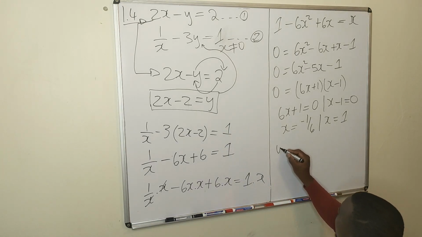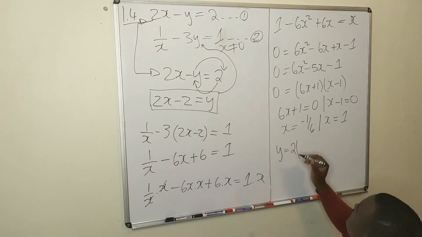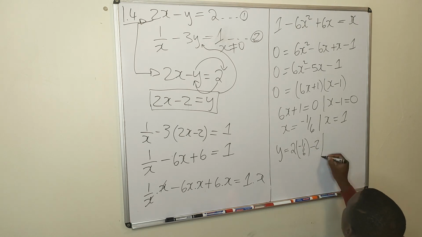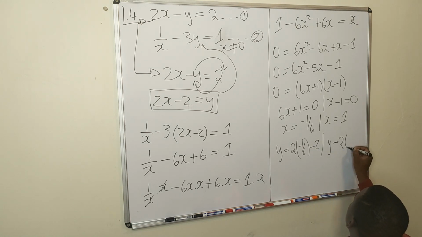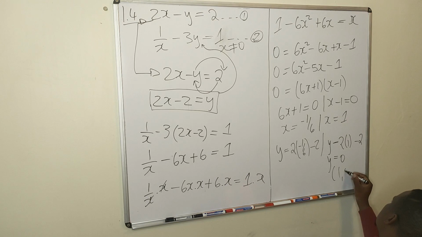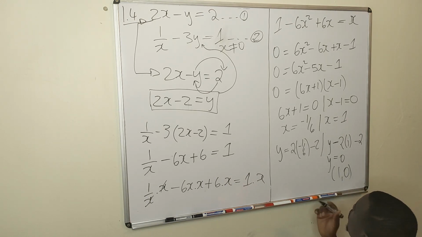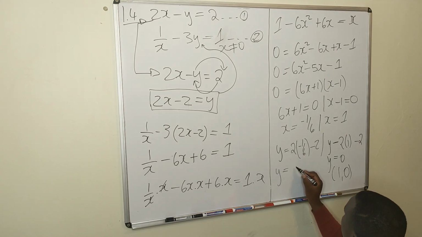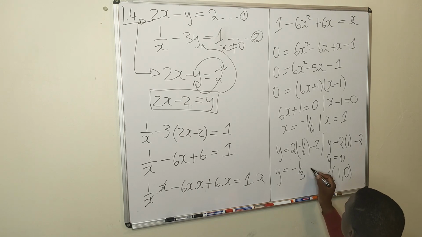So y is equal to 2 times x, which is minus 1 over 6, minus 2, or y is equal to 2 times 1 minus 2, which is y is equal to 0, this one. So you have 1 and 0 going together here, right? Or you have this times this with y is equal to minus 1 over 3 minus 2.